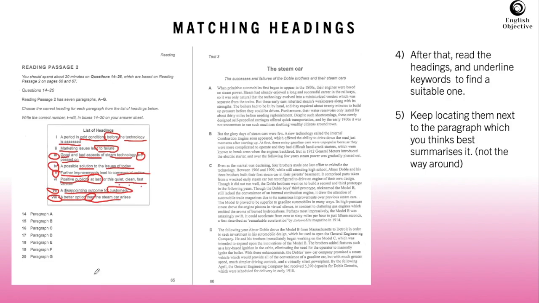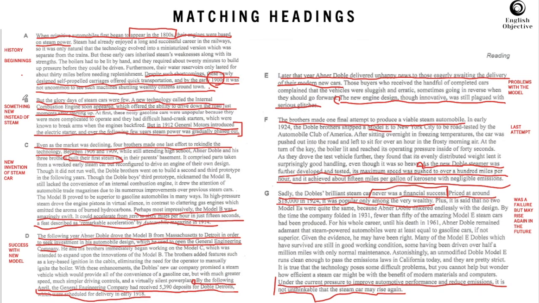Okay. So, for example, the one that is number 8 that says a better option than the steam car arises, I think that is very similar to what I wrote for paragraph B, something new instead of steam, right? So, what I'm going to do now is read that quickly and see if that confirms that it is number 8. But the glory days of steam cars were few.